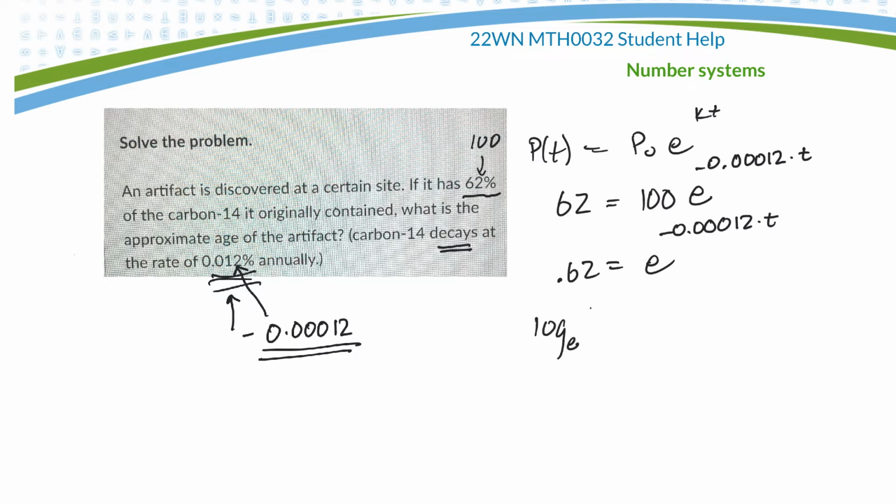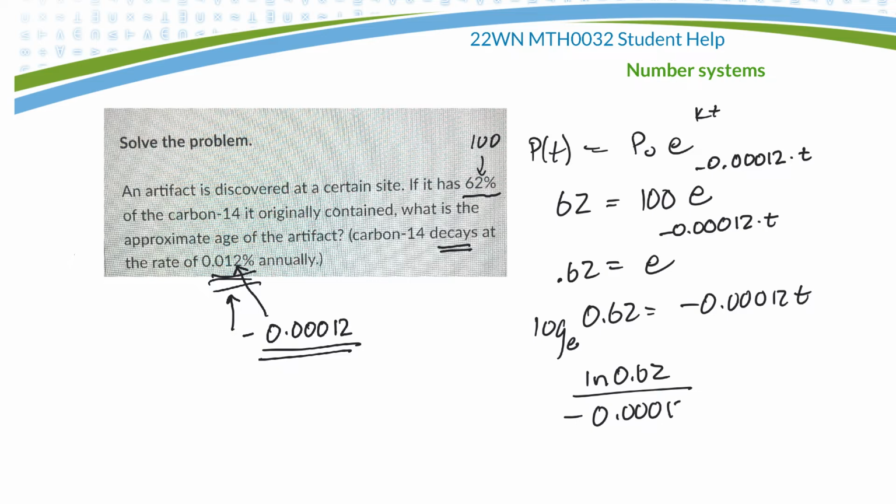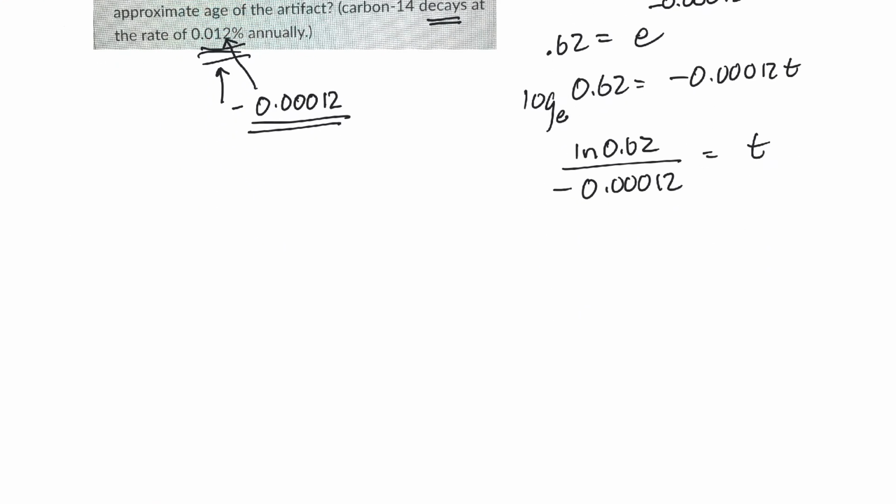Log base e of 0.62 is equal to negative 0.00012 T. Divide both sides by that, so it'd be ln of 0.62 divided by negative 0.00012 equals T.